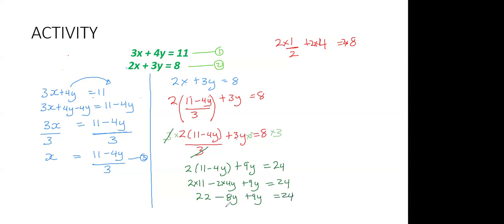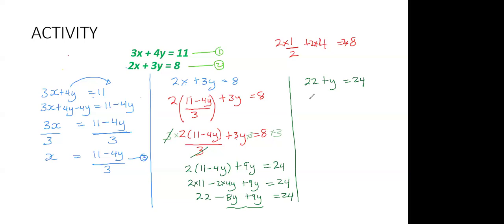Then these ones are like terms, negative 8y and 9y. So for that particular one, you'll end up with 22, negative 8 plus 9. That one will give us a 1. So this is plus y is equal to 24.